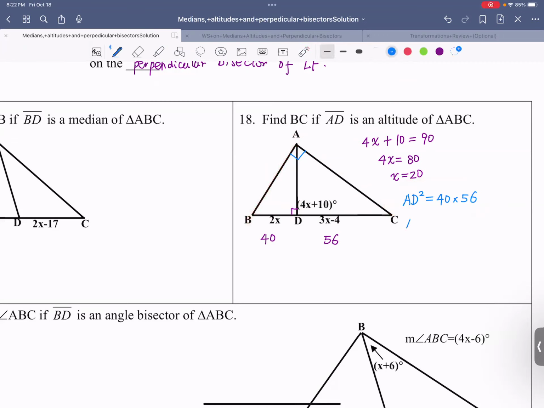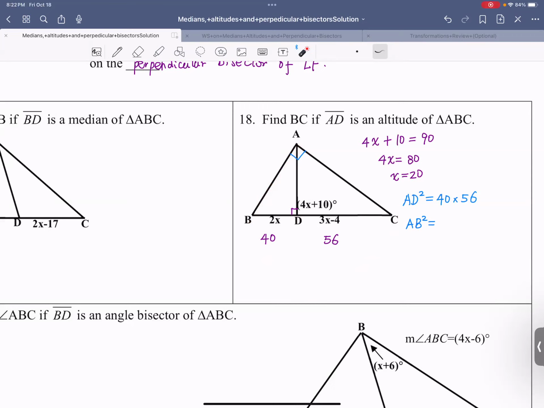AB squared is what? Check your notes from 3 weeks ago.